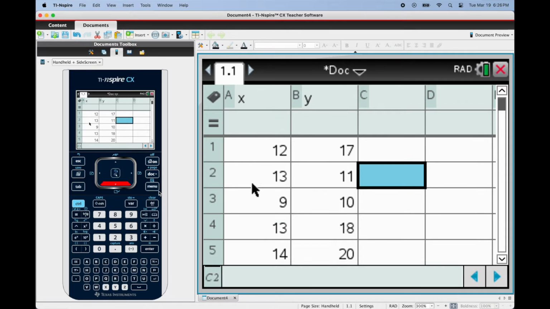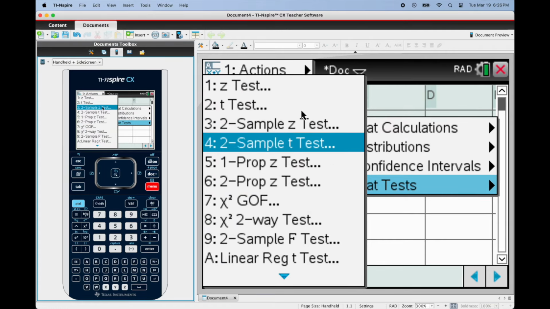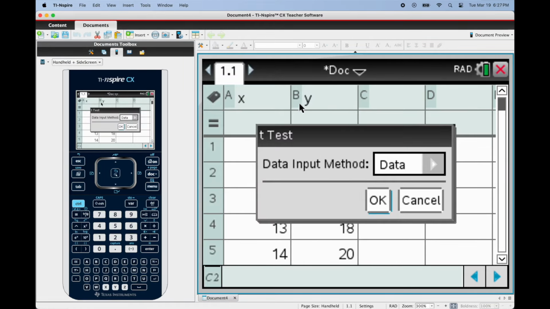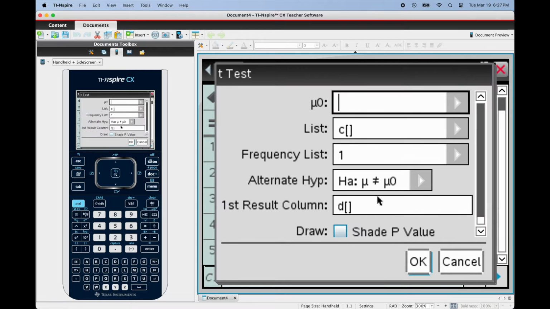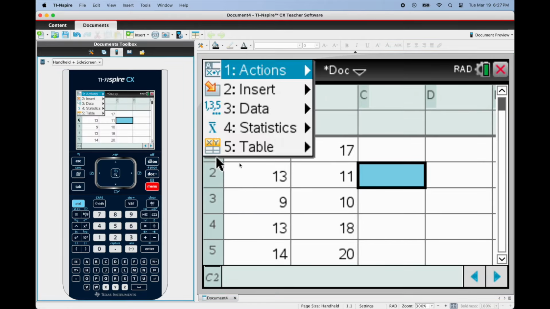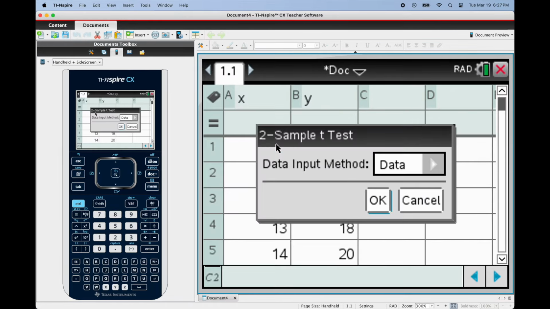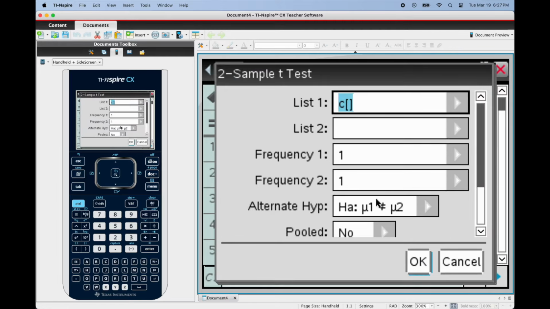Okay, menu, statistics, stat tests, and we want to do a t-test. Whoops, I'm sorry, we want to do a 2-sample t-test. Statistics, stat test, 2-sample t-test, there it is. Alright, list 1 is our x's, list 2 is y, no frequency.